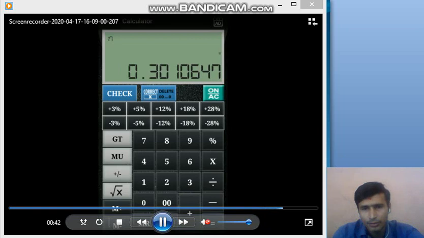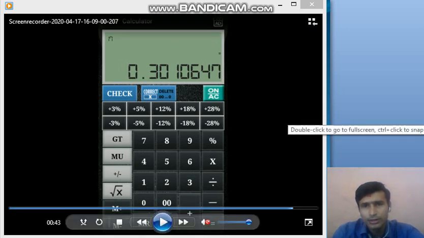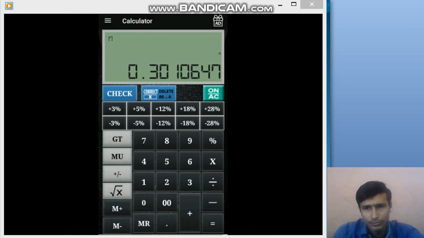Then press equal, and you get the answer 0.3010. So this is an easy way to calculate the log without a log book.